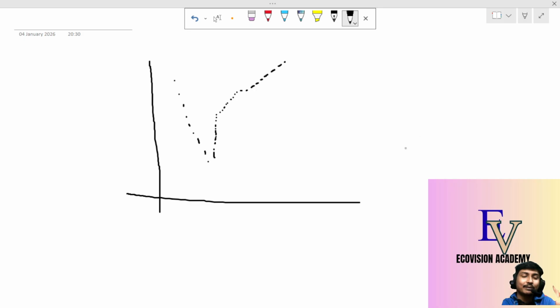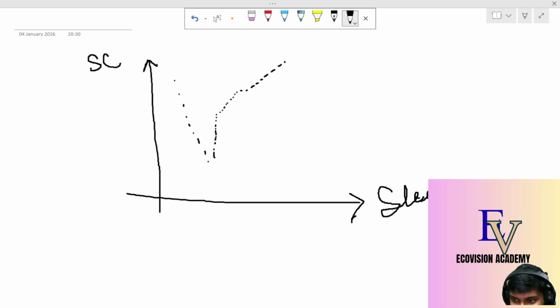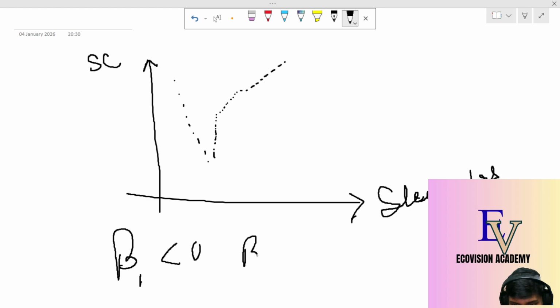In this diagram, the y axis means score, and on the x axis I write sleep underscore hours. My beta 1 was negative, so I have given a negative line. Beta 2 was very highly positive, so in this section it is a steeper line.